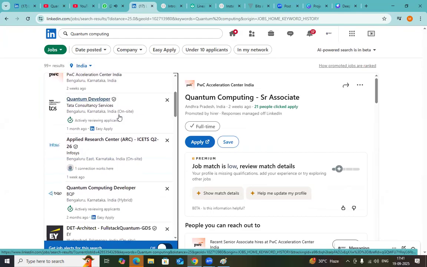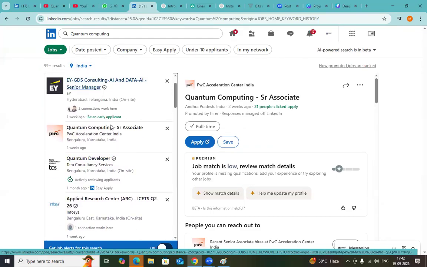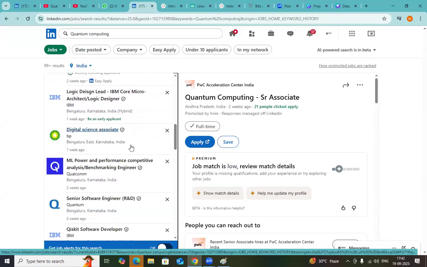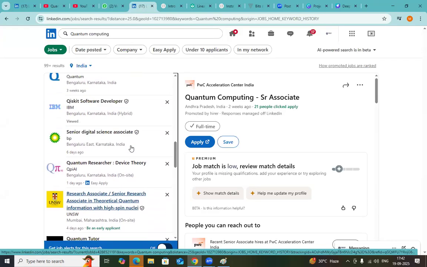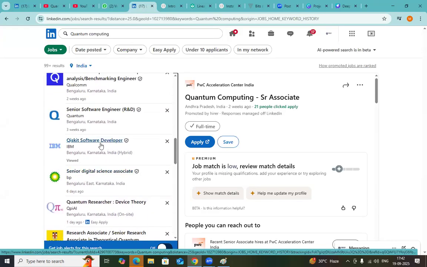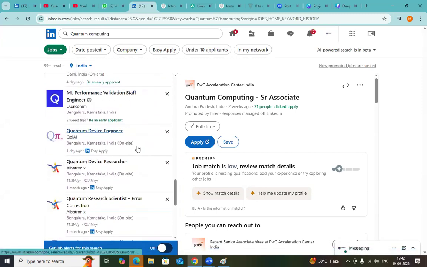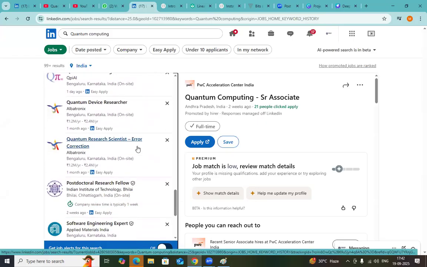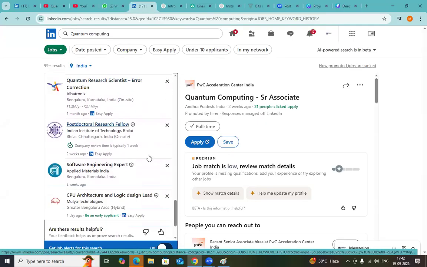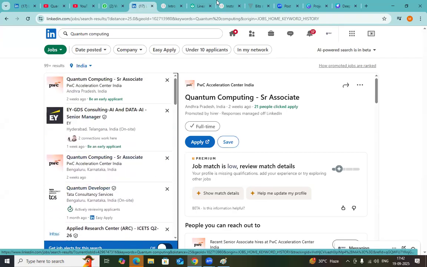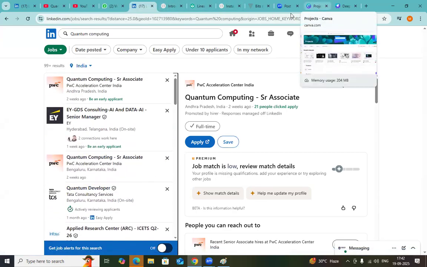See how many results there are: quantum developer, quantum computing senior associate, quantum computing developer, quantum engineer. See how many jobs there are. IBM itself is recruiting a Qiskit software developer, quantum tutor, quantum device engineer, quantum device researcher. There are a number of domains, and a number of companies are going to be recruiting people.